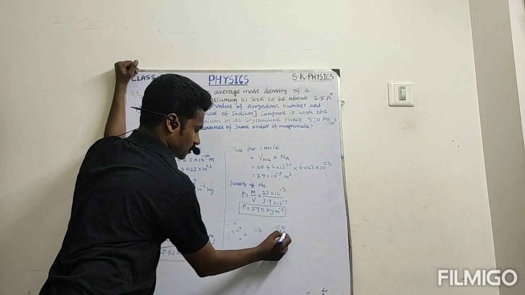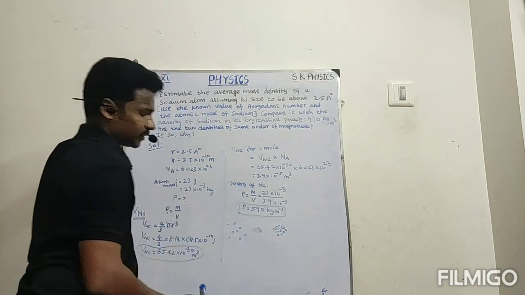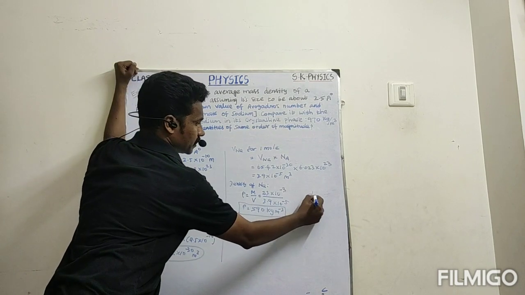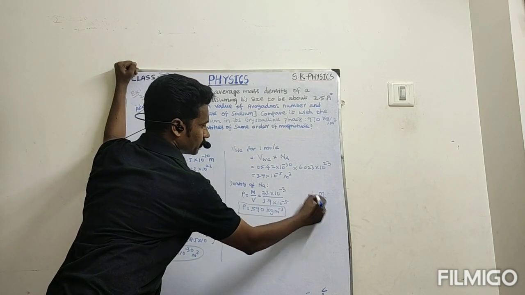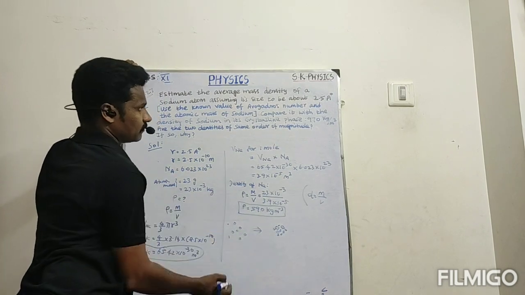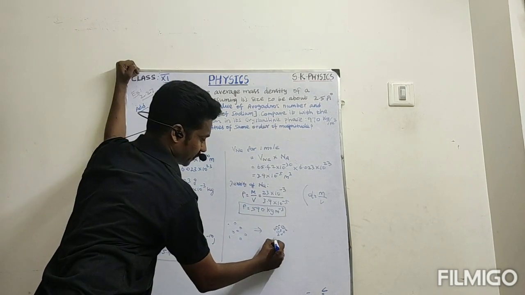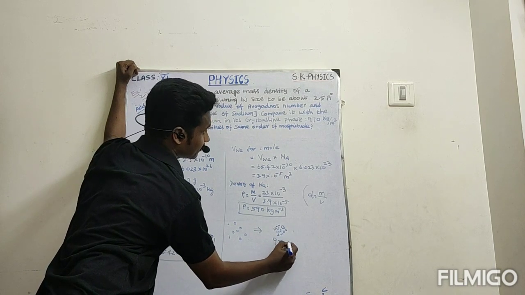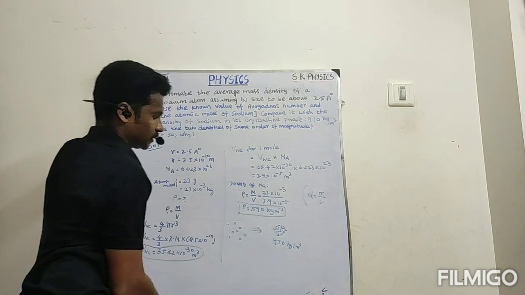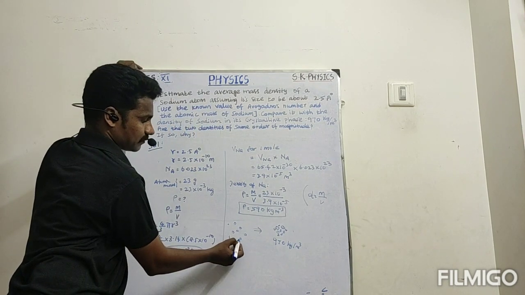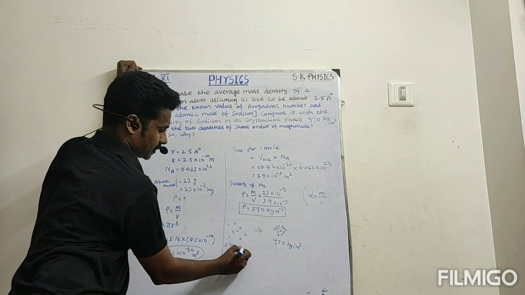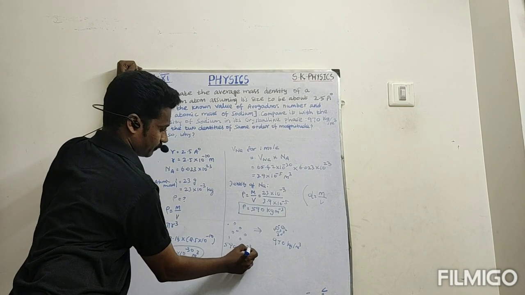So the atoms will be close to each other. Density is equal to mass by volume. For the crystalline form, they gave the density value as 970 kilogram per meter cube. But here, as an atomic form, its density is 590 kilogram per meter cube.